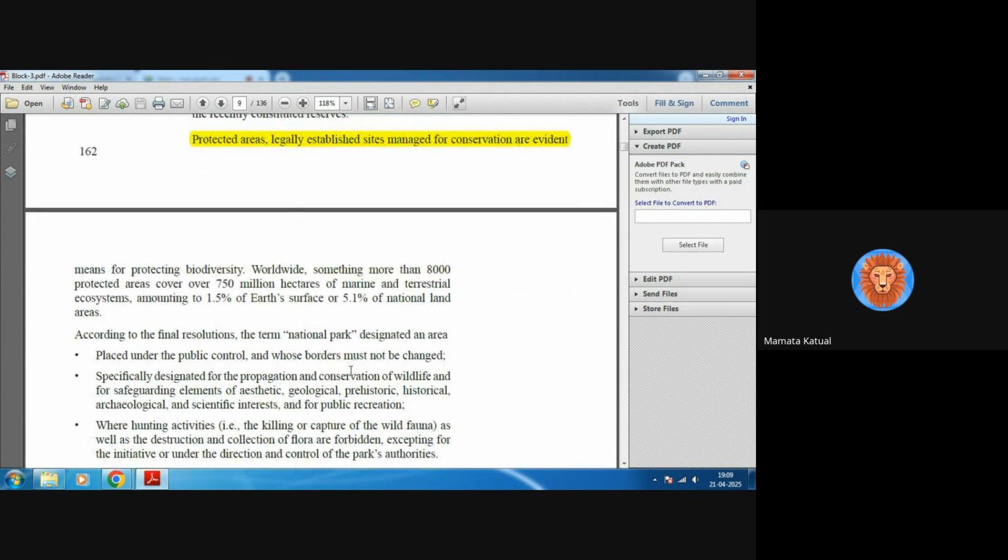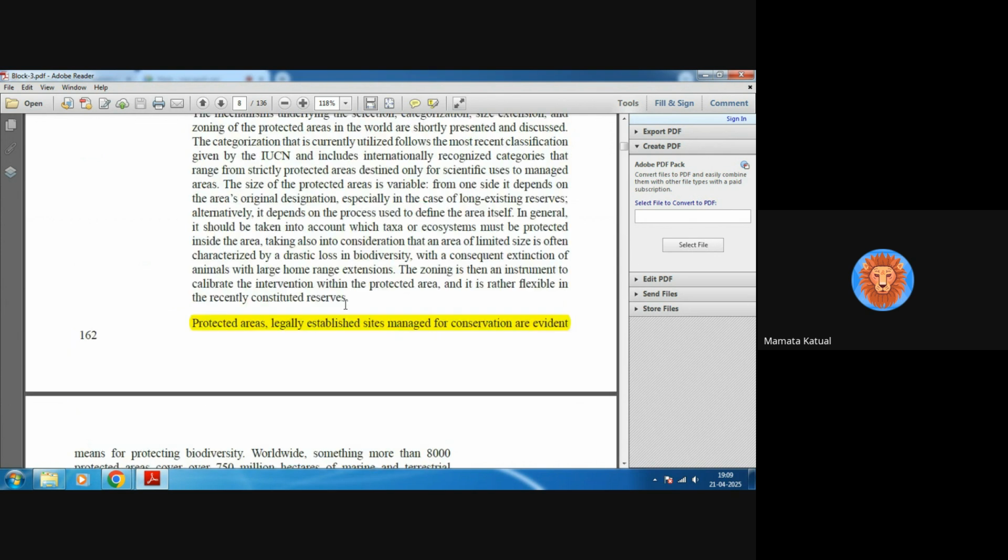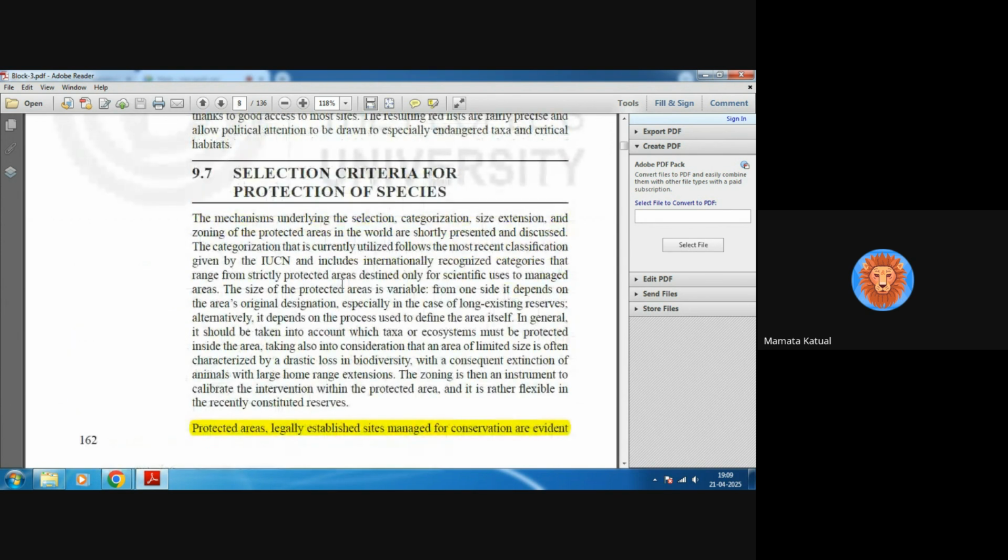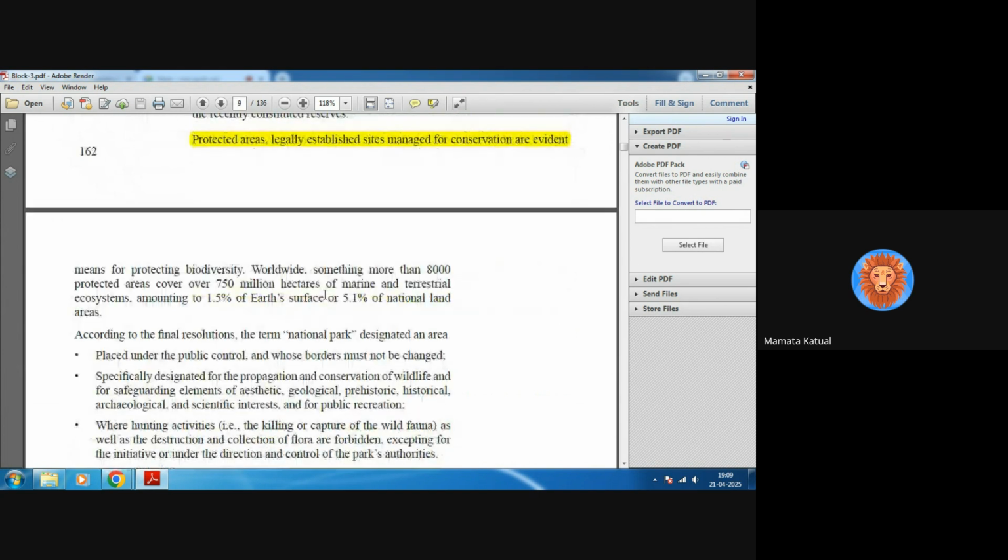Throughout the world, there are more than 8,000 protected areas. For protected areas, we first have to select, and there are different criteria for how to select a particular area as a protected area. These 8,000 protected areas cover 750 million hectares of marine and terrestrial ecosystem, not only on the land but also in the ocean.